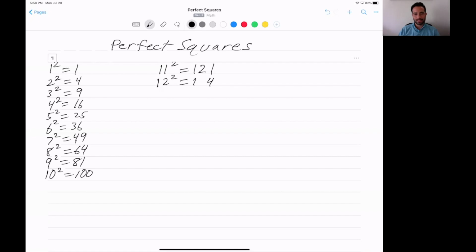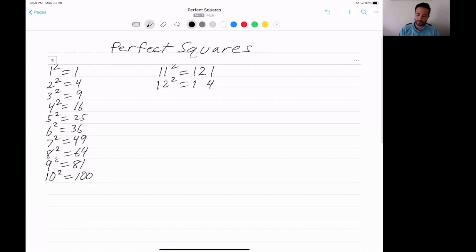But if our gap is in the 20s and we're at 121, we got to be at 144. So that middle digit has to be a 4. And that's because if you add 20 something to 121, 2 plus 2 is 4. We already knew that the last digit was going to be 4 based on the trick of taking the last digit of the 12 and squaring it.